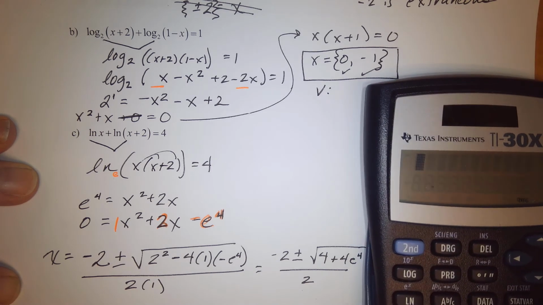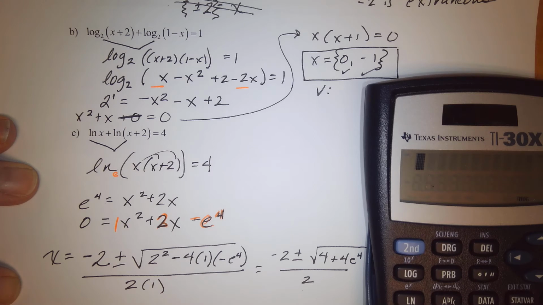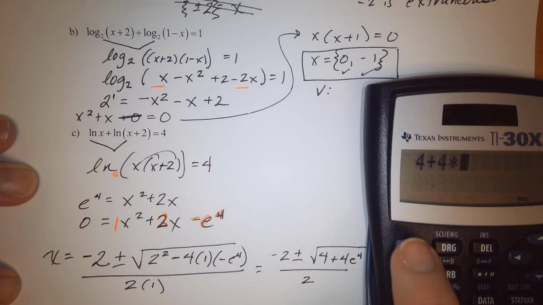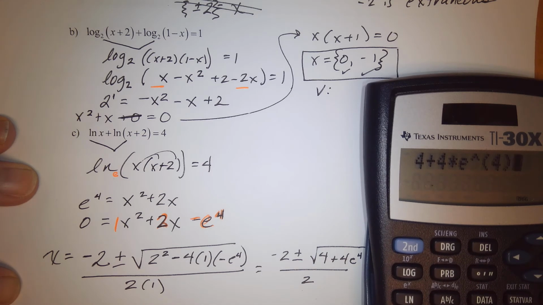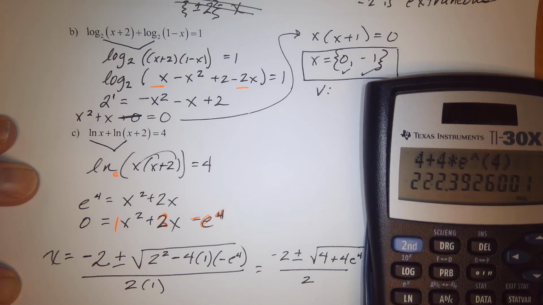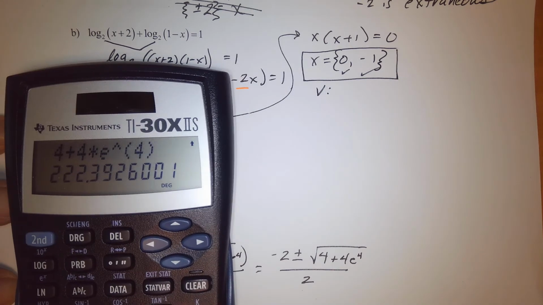So just underneath the radical is 4 plus 4 times e to the 4th power. And that gives me approximately 222. So I'll just get an approximation for this answer.